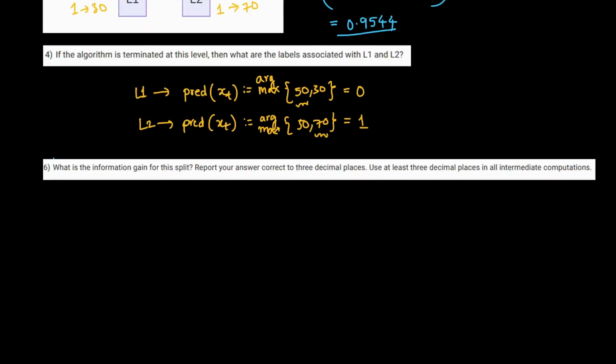So now we have the next question where we are asked to compute the information gain for this particular split, right? So how do we do that? The information gain is nothing but the difference between the entropy of the question Q1 and the weighted average of the entropy of L1 and L2, right?